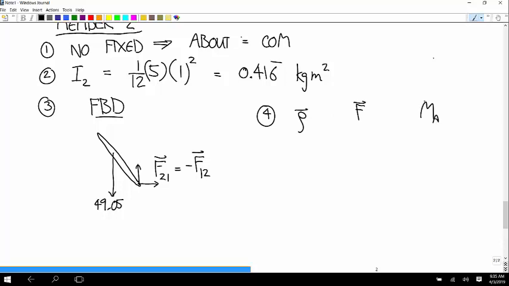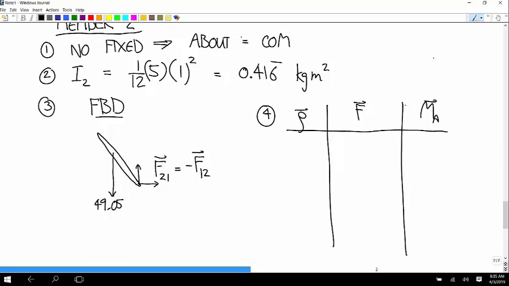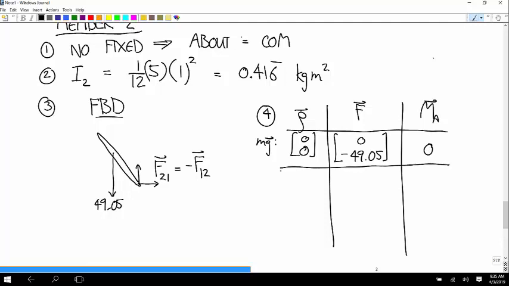Force, moment. So first, I'll do the weight force. That's at our about point. So the rho vector is 0. The force is 0, negative 49.05. No moment. And then the second one is negative F12.